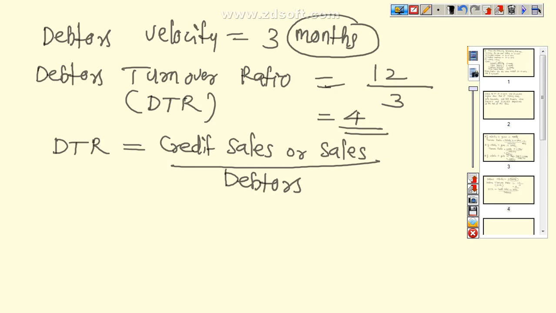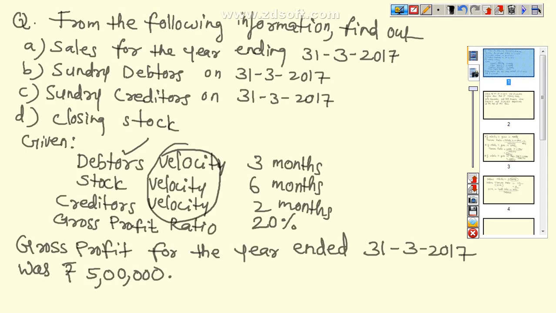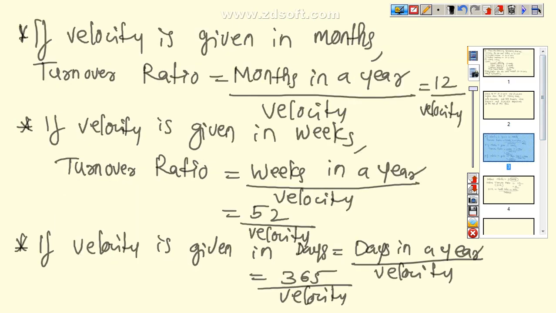Credit sales or sales we don't know. Debtors we don't know. Now we have to look into the question for any information. Gross profit ratio is given as 20%. Gross profit is also given as 5 lakh. From this we can calculate the value of sales.